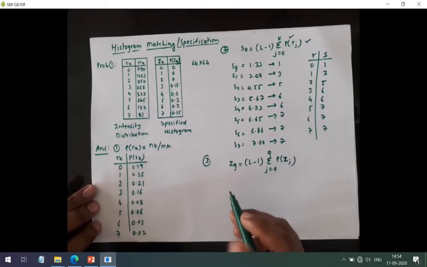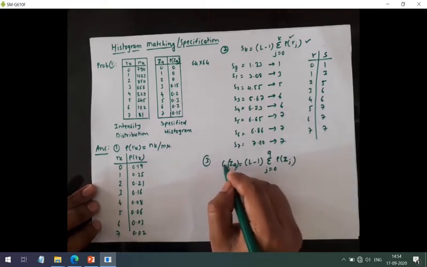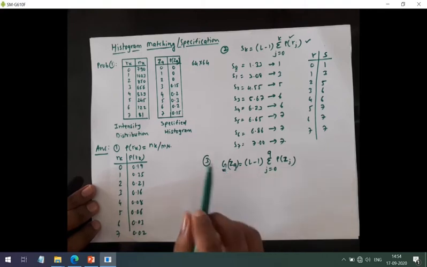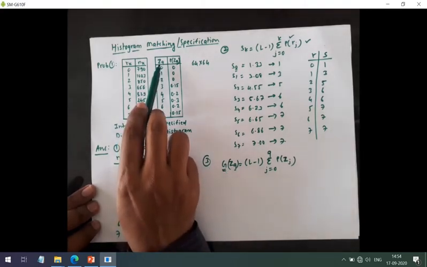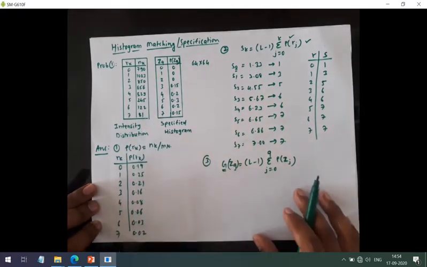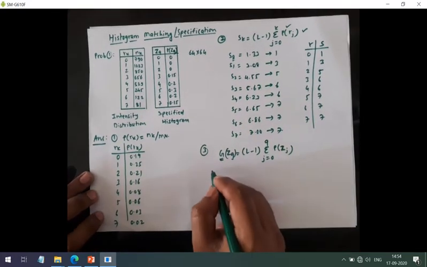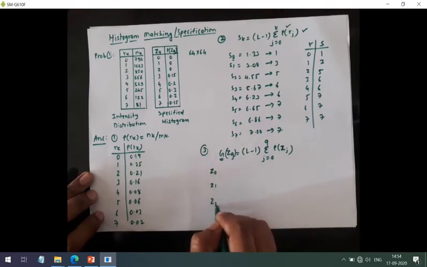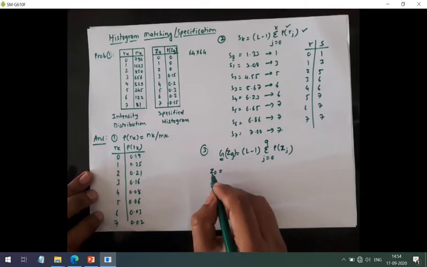G is the transformation function that we are applying on z, where z is the intensity values of the specified histogram. So we will find the z0 value, z1 value, z2 value and so on.